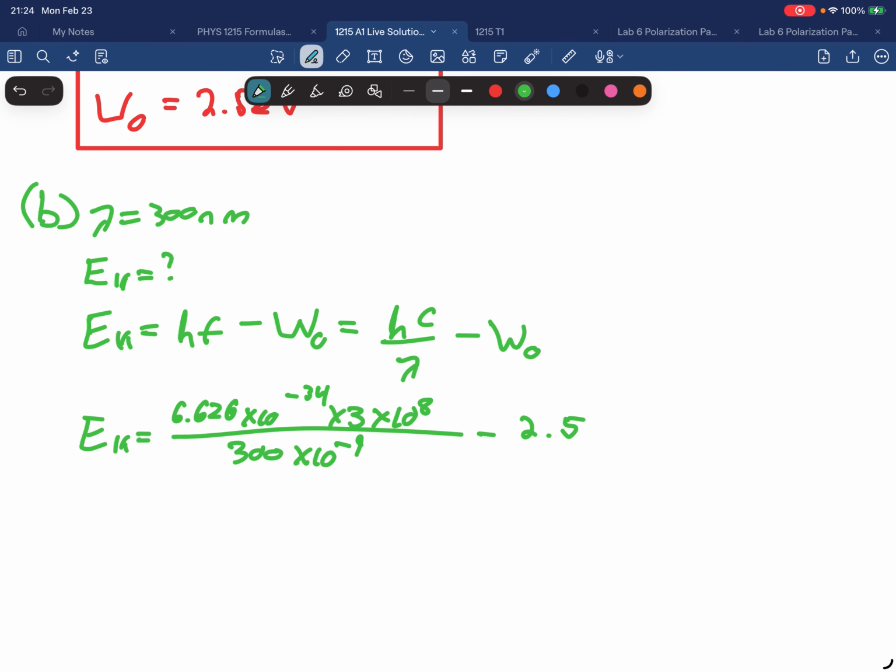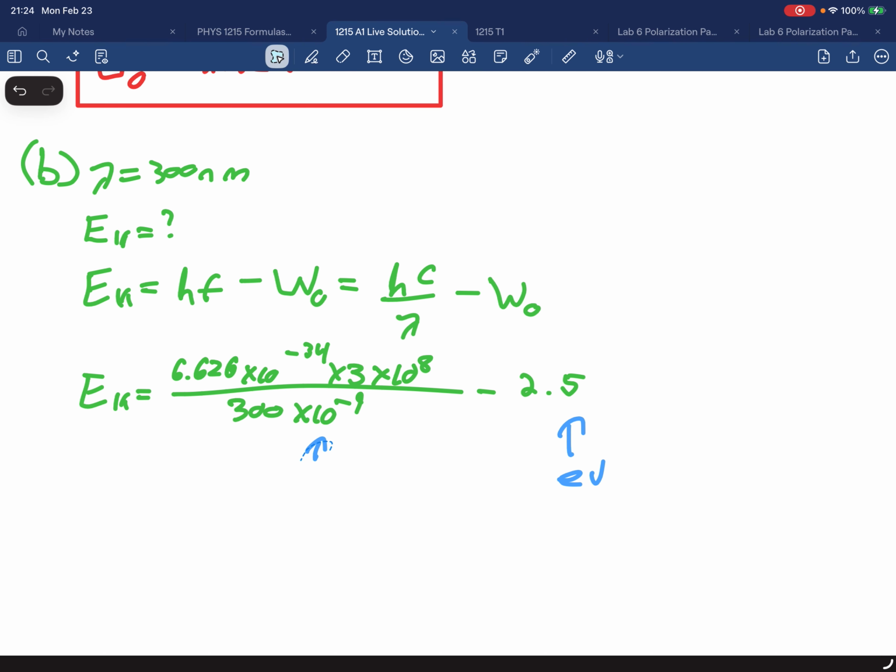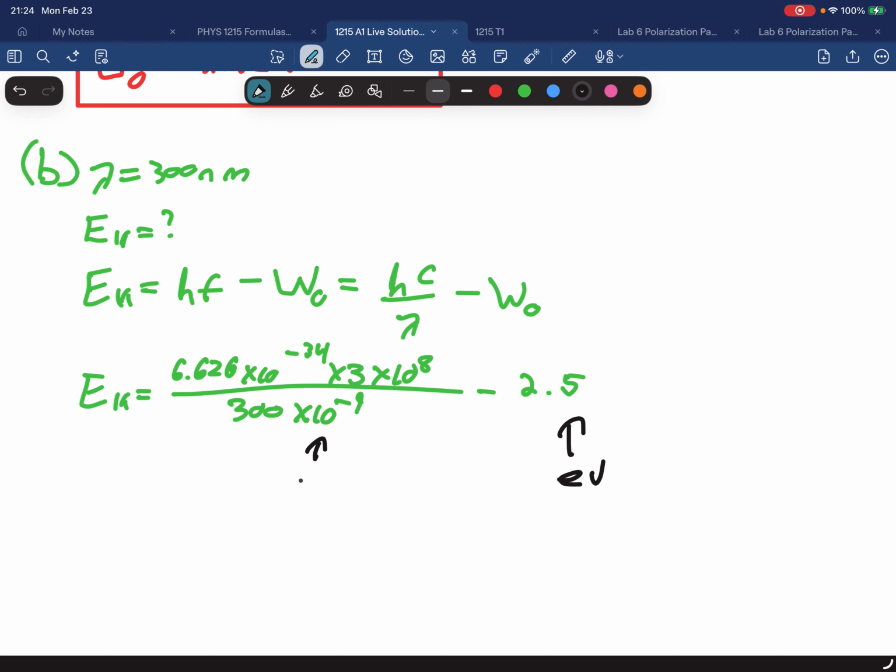Great. So the big difference here is that here we have units of electron volts. Here we have units of, and I should change the color because I'm about to use blue for something else, so here we have joules.